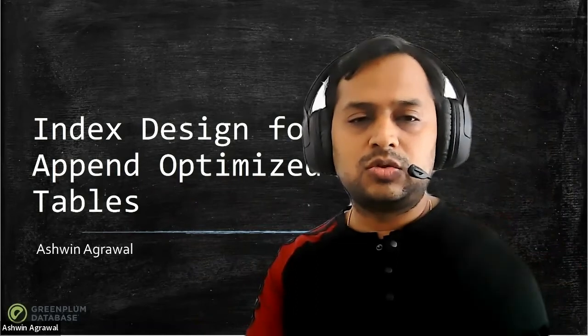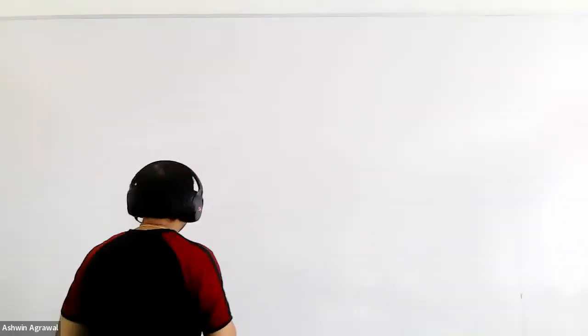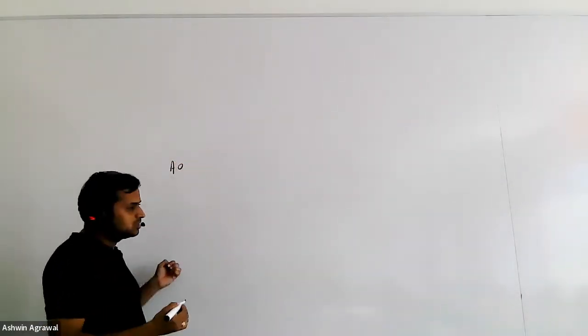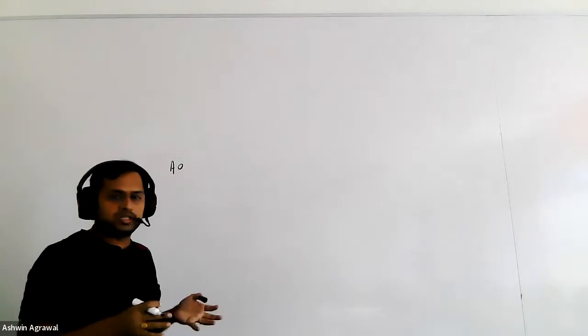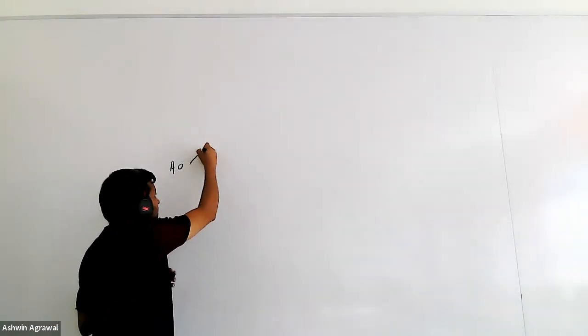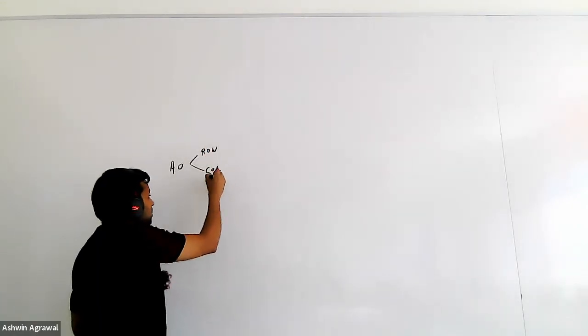Okay, so let's get started with what we have. AO tables. And when I say AO tables, it is a generic statement I'm making, which essentially means this applies both for row orientation and column orientation tables.